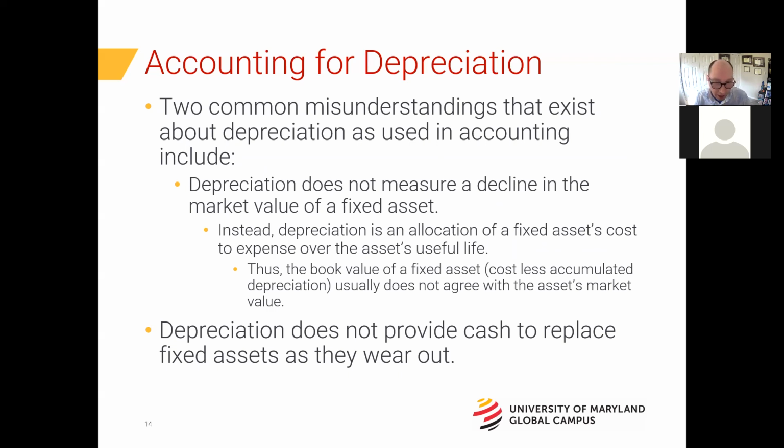I had given the example of straight line depreciation using a dump truck valued at $25,000 over 5 years. $25,000 divided by 5 gives us $5,000 per year for 5 years until the value was zero, which is the end of its useful life, although we expect the dump truck to last more than 5 years.